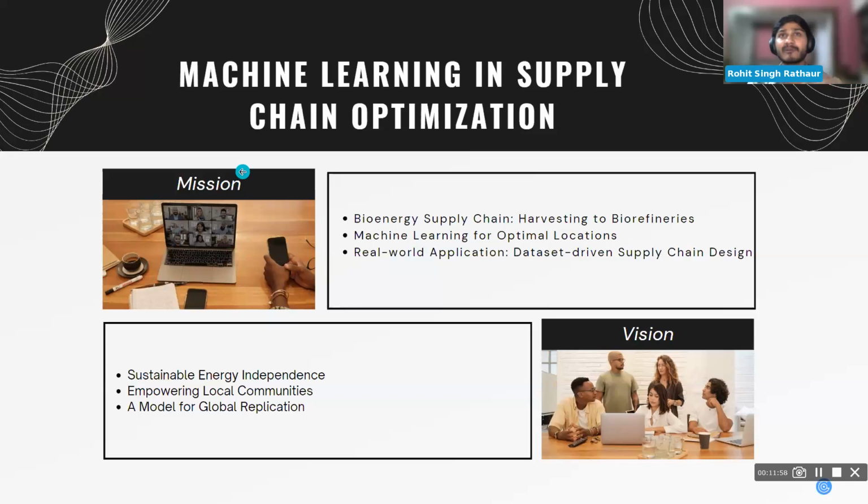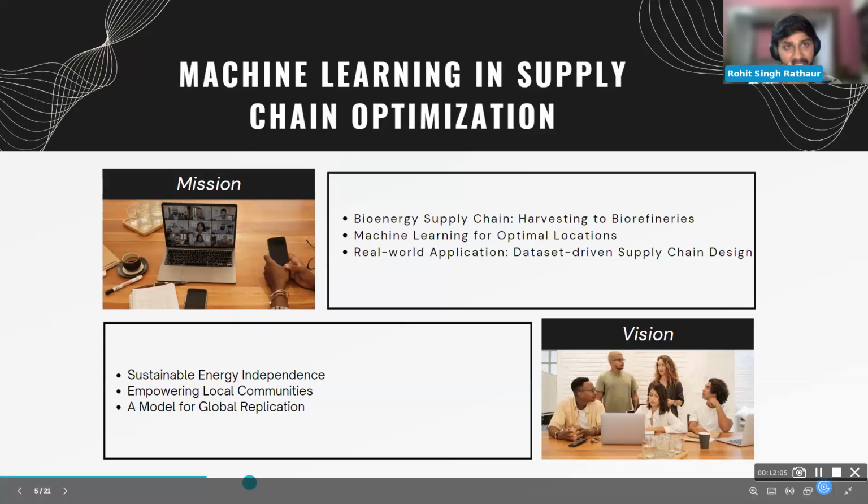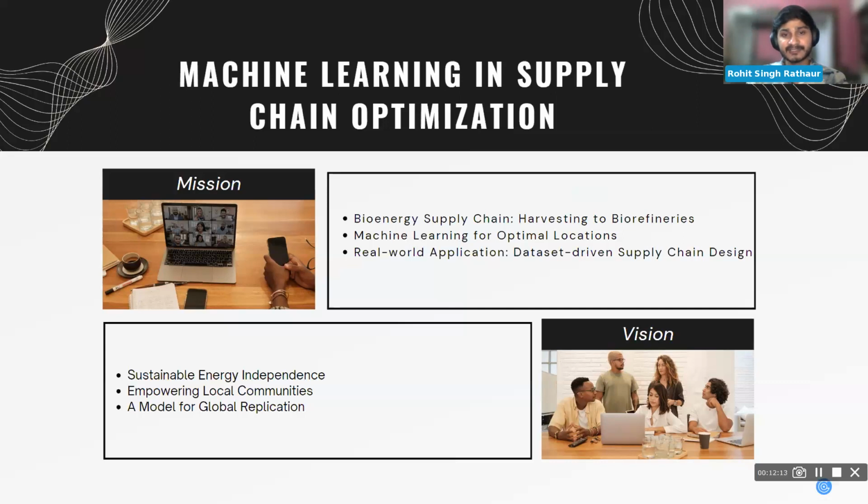Now here I will talk about how we are going to use machine learning in supply chain optimization. In this particular segment, I will discuss the role of machine learning in optimizing the bioenergy supply chain.